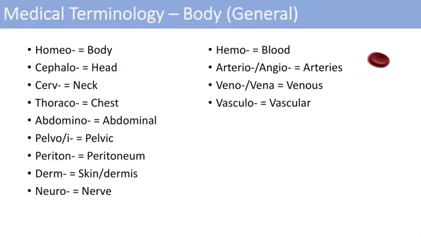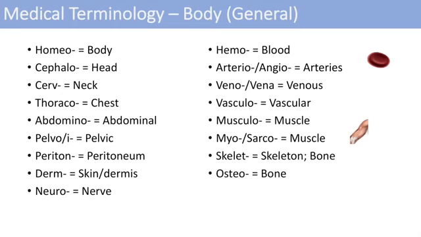Vasculo just means vascular, so your vascular system, your vasculature. Musculo for muscle. Myo, and also the related term sarco, for muscle. So you might have heard of myocardium or sarcoplasmic reticulum. They all deal with muscle or muscle cells.